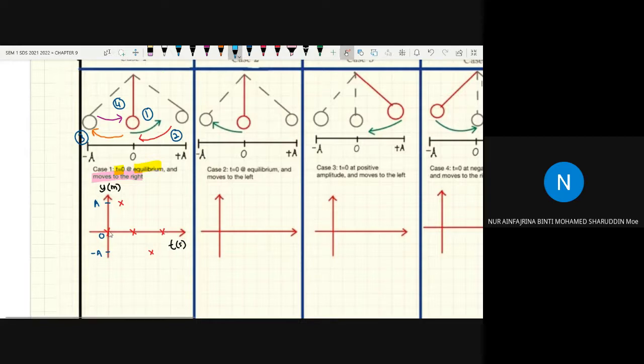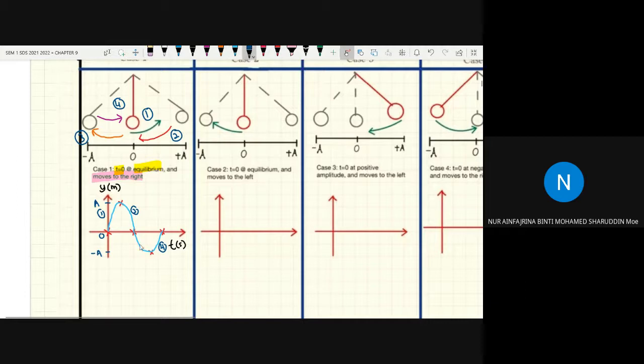Graph yang you dapat, draw elok-elok ya. Miss susah sikit nak draw sebab I'm using computer, laptop. So, what graph is this? Sine graph. Korang dah kena tahu, ini adalah sine graph.